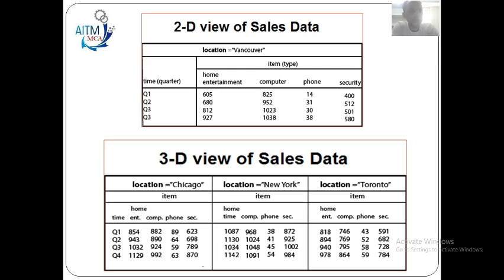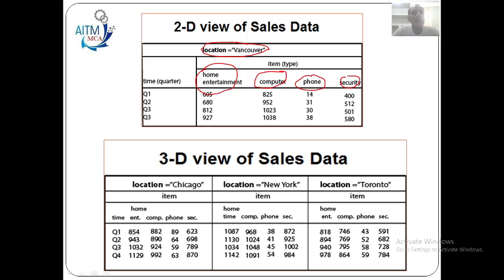Example, here I am considering only one location's information. In this table, I am taking home entertainment as an item, computer as a second item, phone as a third item, and security.